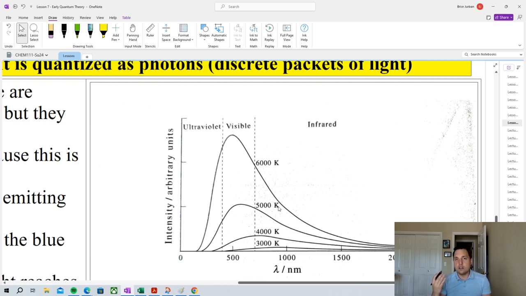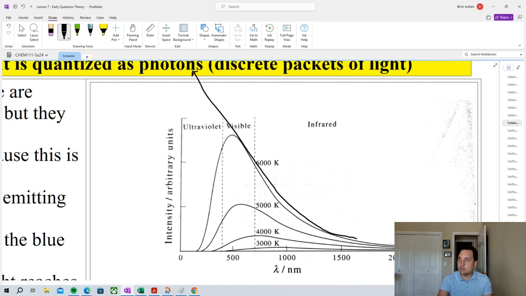And this is the dilemma, because according to classical mechanics, what was predicted was instead of a drop off to zero, it was predicted to just go off indefinitely.